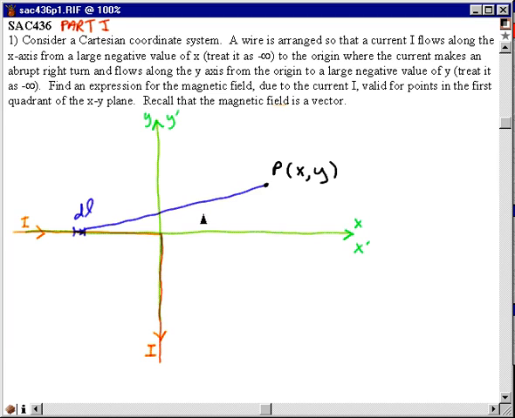I'll call that distance R1. So the 1 is for a representative distance from an arbitrary little wire segment along the x-axis. I'll use R2 in part 2 of this entire problem. The Biot-Savart Law states that dB1, I'll call it.